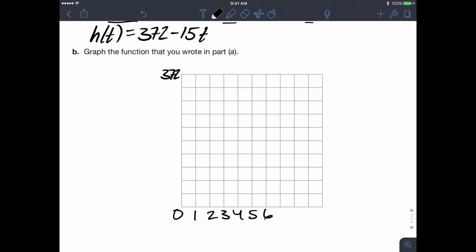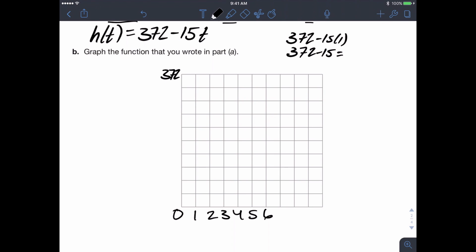Okay? Now, at 1 second, if you plug 1 in for t, you're going to get 372 minus 15 times 1. 372 minus 15 equals, no idea.